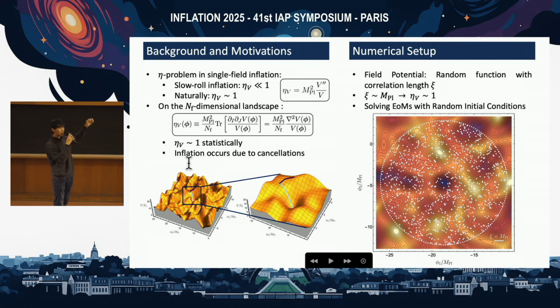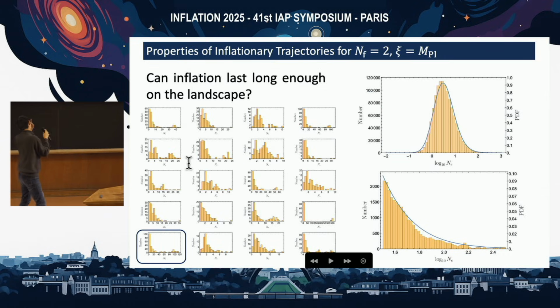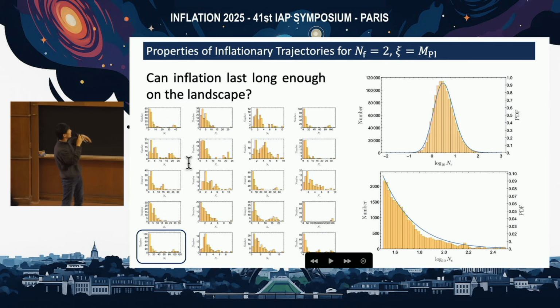On such a realization of a landscape, we can solve the equation of motion for a large number of randomly chosen initial conditions and collect all the solutions that fall into the true vacuum. And this procedure can be repeated many times for different realizations of the landscape. The most obvious question is whether the inflation can last long enough on such a landscape.